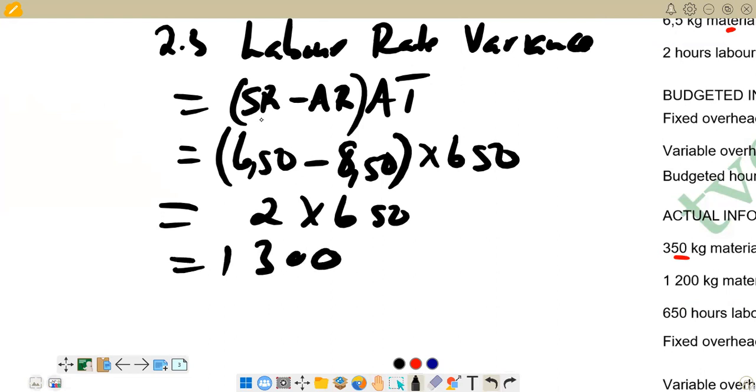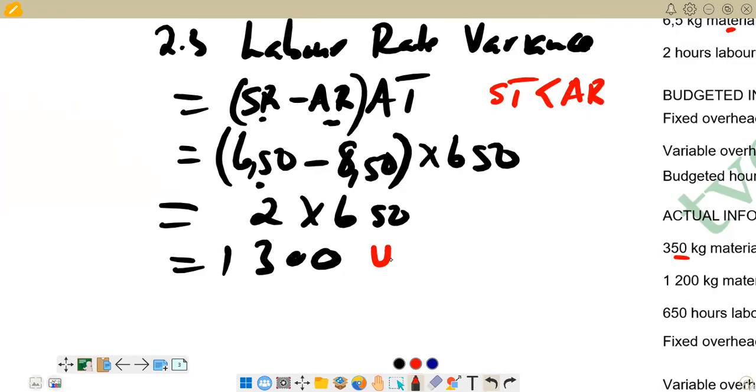When we analyze our standard rate and actual rate, we are seeing that our standard rate is less than our actual rate. In that scenario, it means we have an unfavorable position.